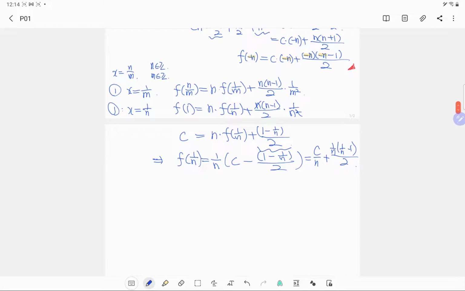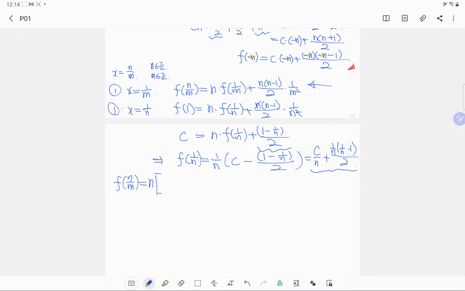So we can just plug in this one into here, so that we have f of n over m equals n times this stuff.